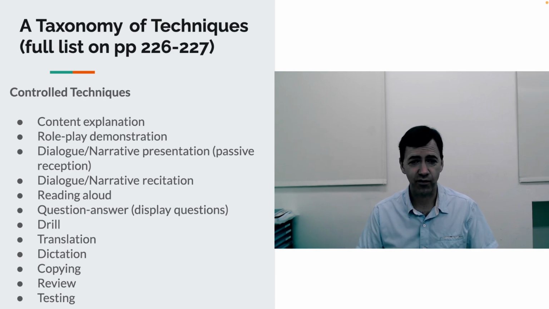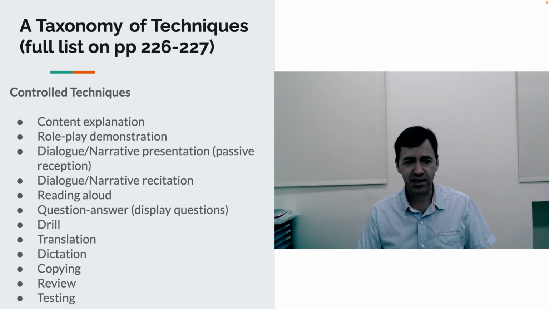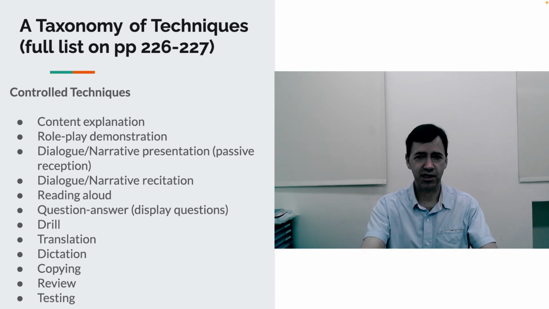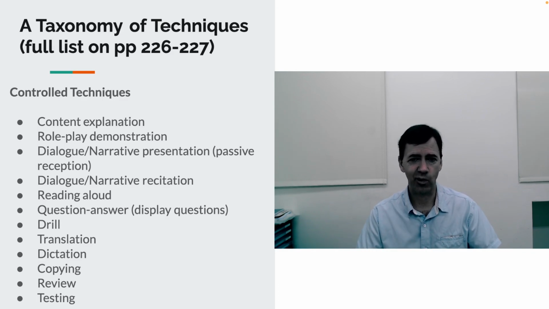Dialogue or narrative recitation. So in this case, I give the students the dialogue and they say what I want them to say. They're not writing their own lines. Reading aloud in class, question and answer, but the type of questions will be display questions. Display questions, if I haven't mentioned it already, those are questions in which the teacher already knows the answer.